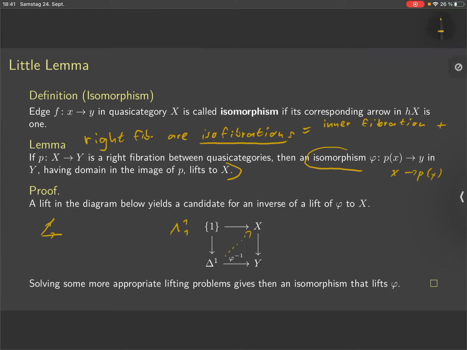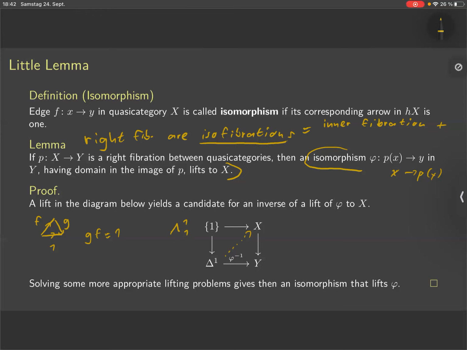Whenever we have here the identity and here some f, then filling this horn, we get some inverse g, such that gf is identity, or identified in the homotopy category. This means that we can always find left inverses. And when we define a left inverse of a left inverse, we again get something equivalent to the original one, because inverses are unique.